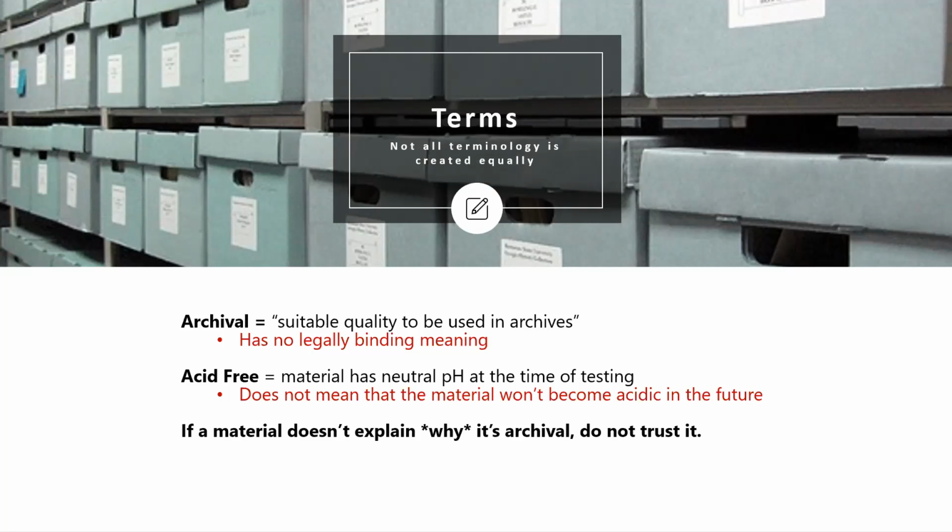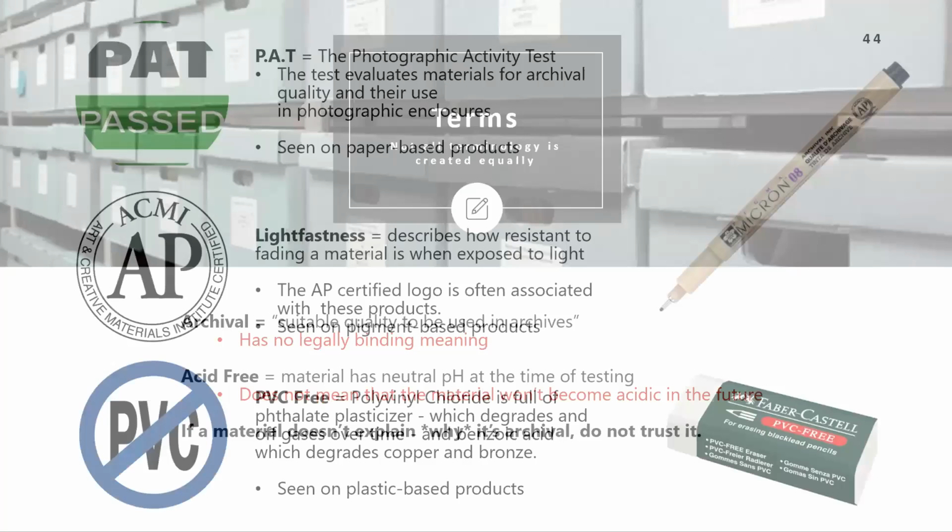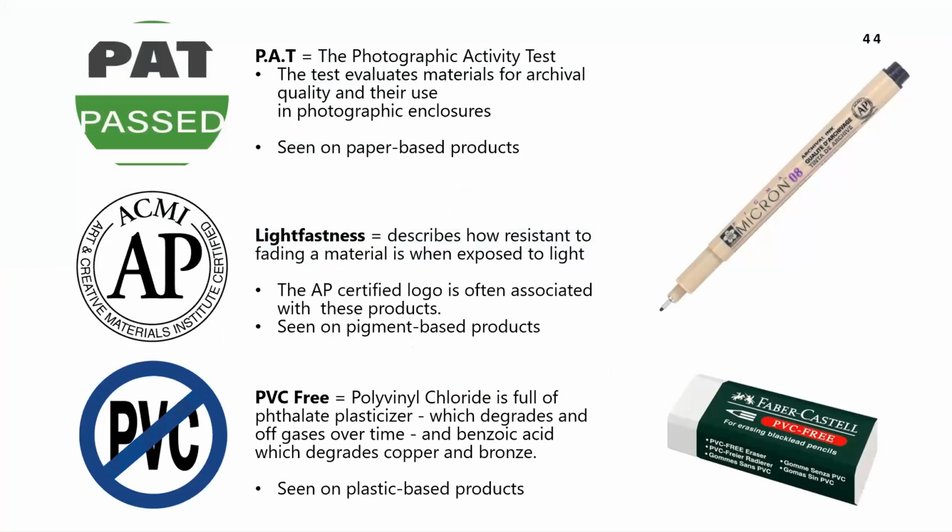But I'll explain some of the terms I use when I'm looking for archival materials. These are some things you'll see on materials when you buy them. The first one is the photoactivity test, or the PAT test. This is a test that evaluates materials for archival quality and their use in photographic enclosures.